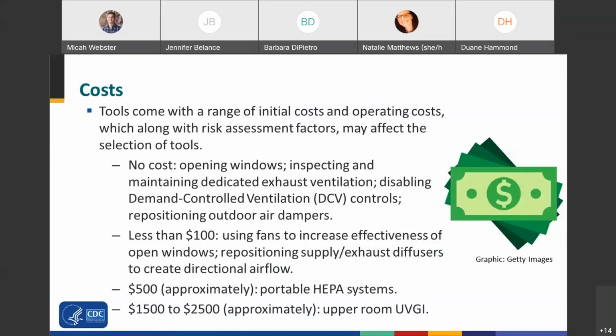At lower cost, less than $100, using fans to increase effectiveness of open windows, repositioning supply and exhaust diffusers to create directional airflow. And then at $500, and that's an approximate for portable HEPA systems. Certainly you can find ones that are much cheaper than that, as well as some that are much more expensive than $500, so that's just an approximation. And similarly with the upper room UVGI, $1,500 to $2,500, and that's just an approximate. Of course, that depends on many factors, room size, ceiling height, etc.